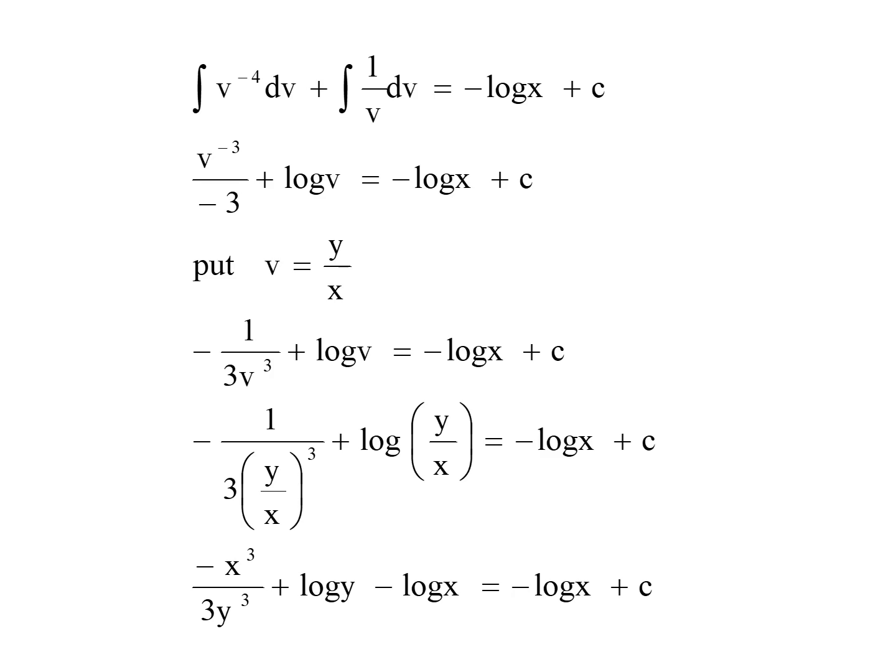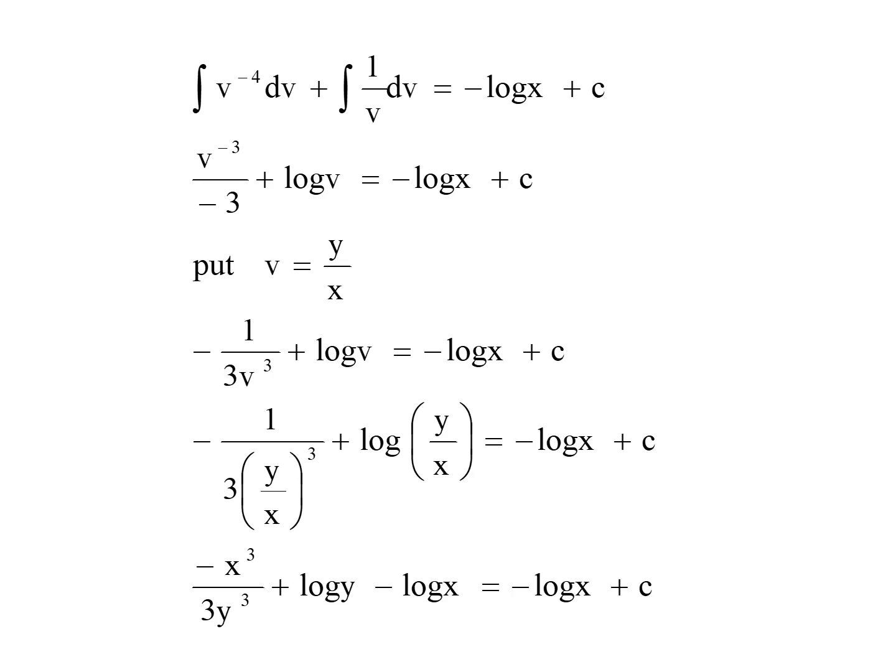It becomes v to the power of minus 3 by minus 3. So that is how we got v to the power of minus 3 by minus 3 plus integral 1 by v into dv, formula is log v, is equal to, write down right side part as it is, that is minus log x plus c.